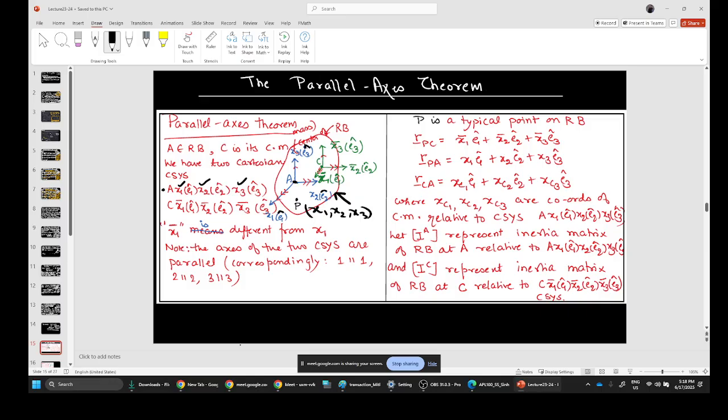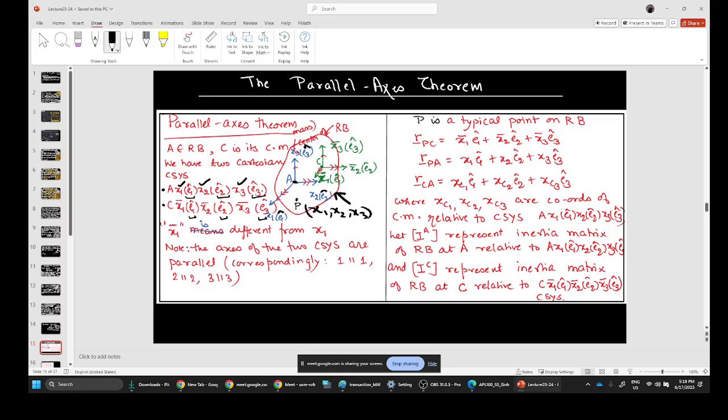I am going to put another Cartesian coordinate system, and that Cartesian coordinate system will have its origin at the center of mass. This is the green color coordinate system. It has its origin at C. Now the three unit vectors associated with the green coordinate system are the same three unit vectors that I had here in the blue coordinate system.